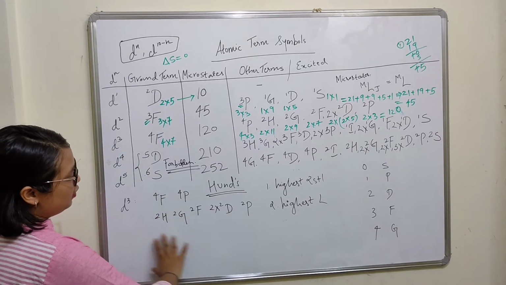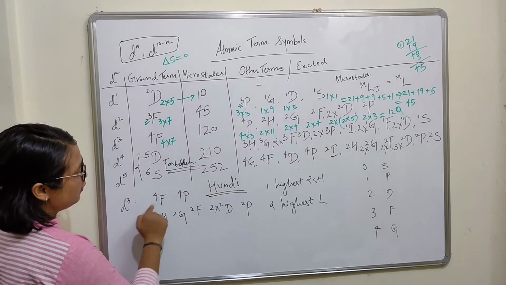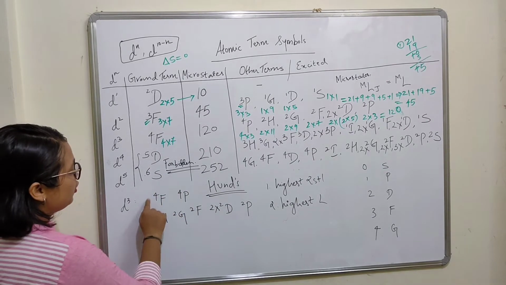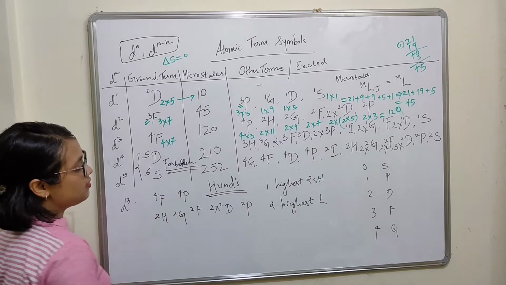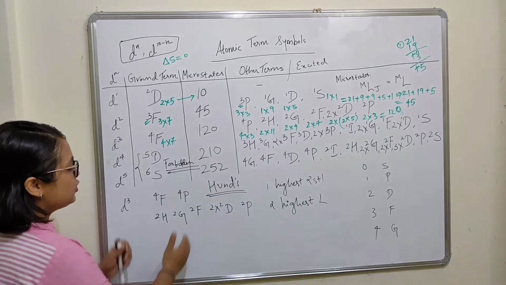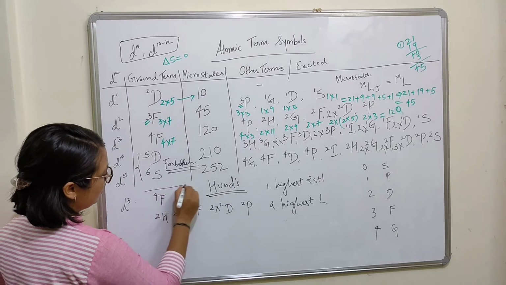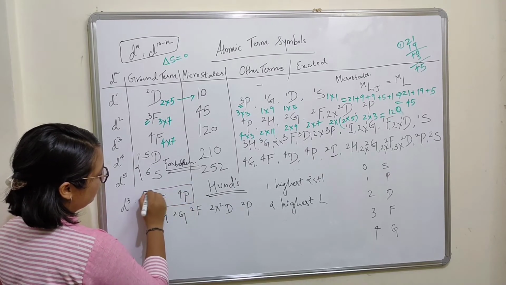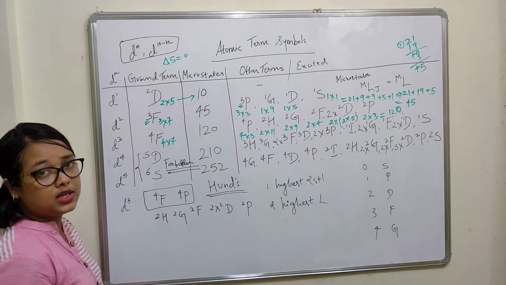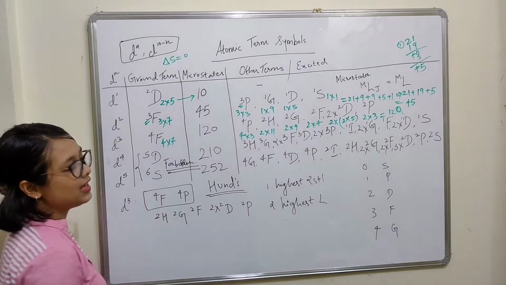So if I look at all of these, I have 2 options, 4P and 4F. Both of them have the 2S plus 1 value as 4. So if I was given 4 options, I have eliminated 2 of them and am now left with these 2. Either the ground state term symbol can be 4F or it can be 4P.